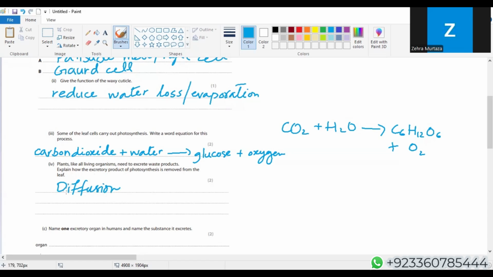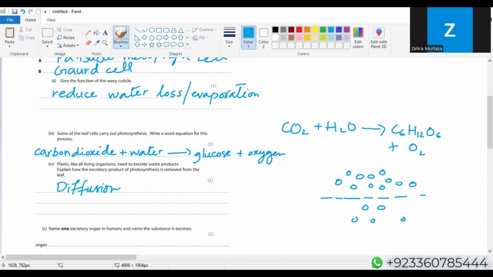What is diffusion? The movement of molecules from higher concentration to lower concentration, that is basically called diffusion. For example, this is a membrane, or we need to show some gaps in the membrane. So at the above side, we have a higher concentration, and downside we have lower concentration.